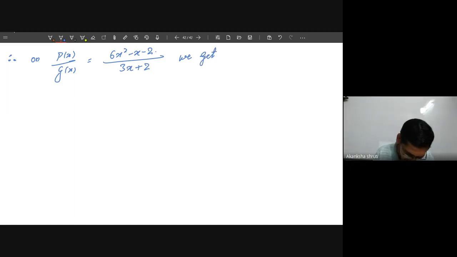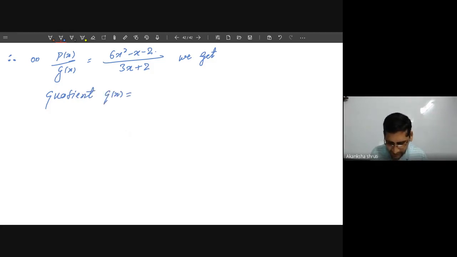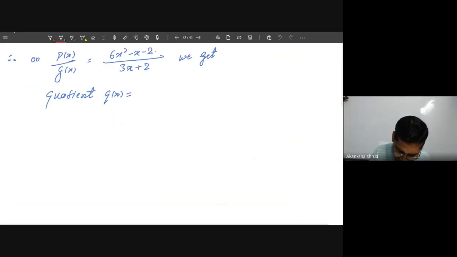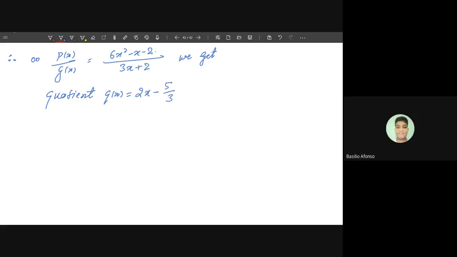What we get is the quotient, denoted by qx. That was obtained at the top. Understand this? Whatever is written as the quotient in the red circle, 2x minus 5 by 3. So this is our 2x minus 5 by 3.